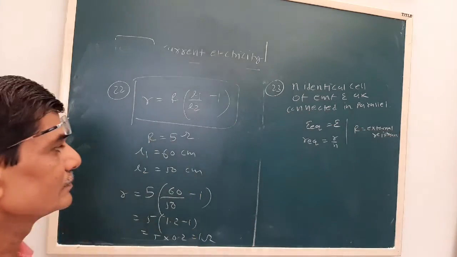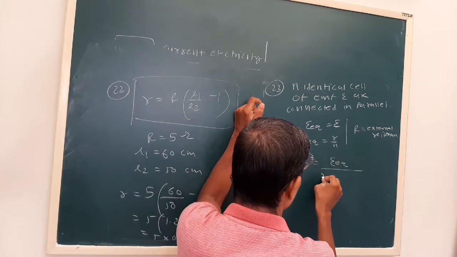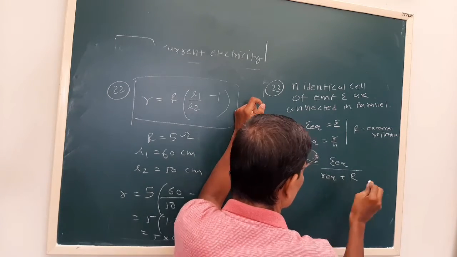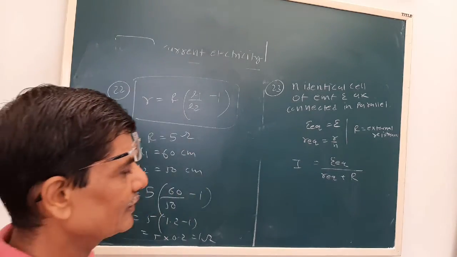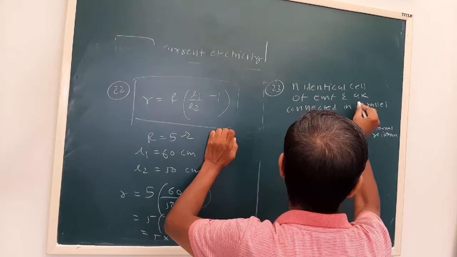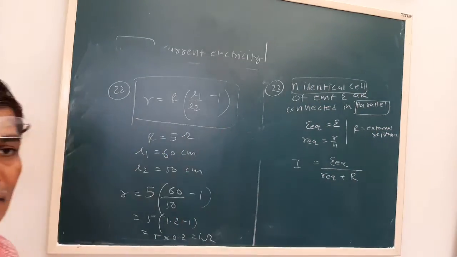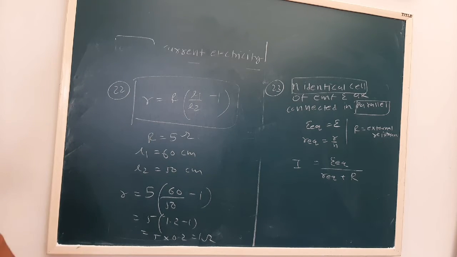What will be the current? So the current I is E equivalent over the total resistance. This is the formula we saw in the theory part. The important thing is that when n identical cells are connected in parallel, their equivalent EMF will be equal to E only.